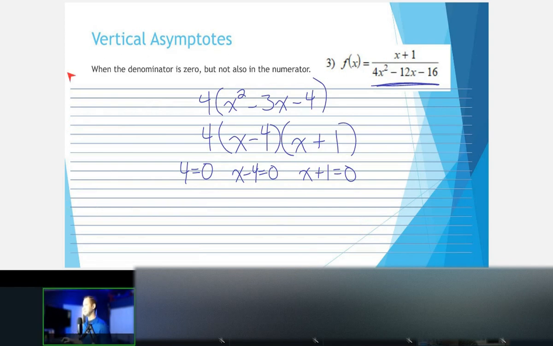It's not balanced, right? You can't solve for x, so we just ignore it. And then we just solve the other 2. So we get x equals 4 and x equals -1. So the VAs are those 2 equations.